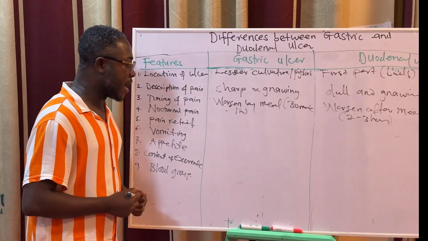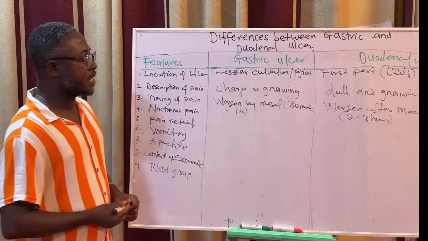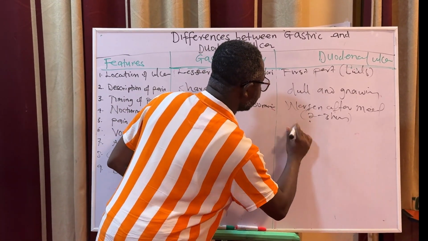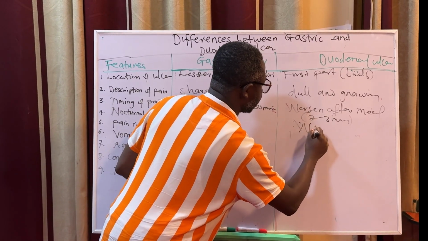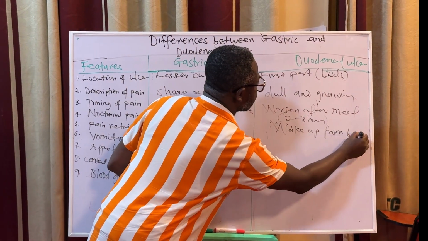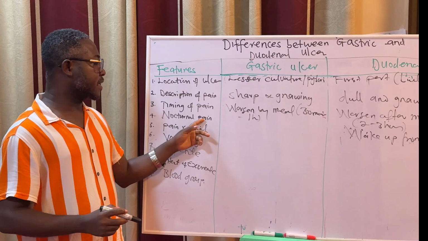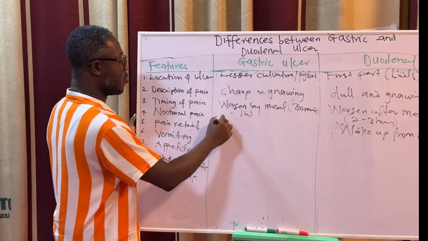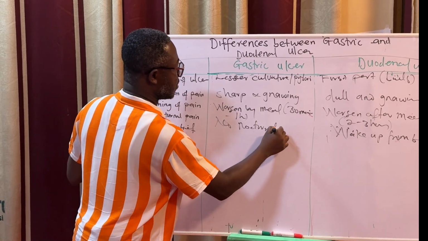And so nocturnal pain, that is night pain, when they are sleeping, they usually experience the pain. And so patients with duodenal ulcer usually wake up from bed because of this nocturnal pain. But patients with gastric ulcer, no nocturnal pain.